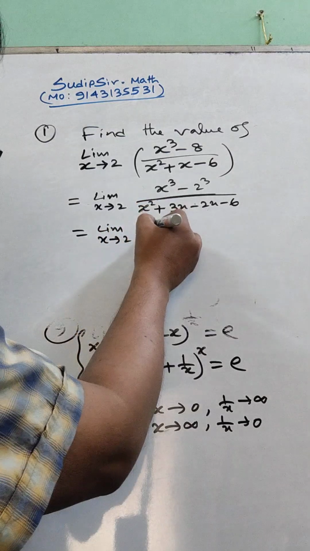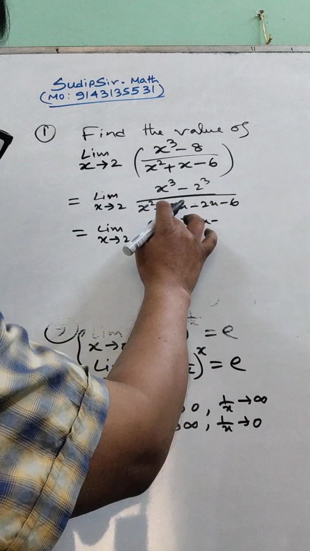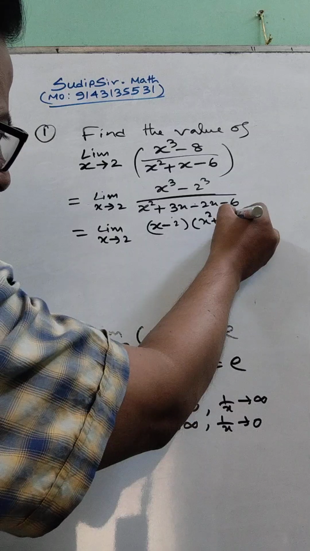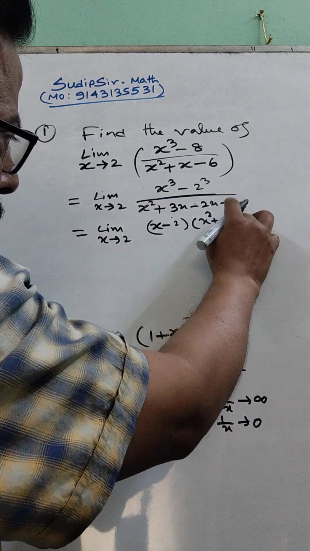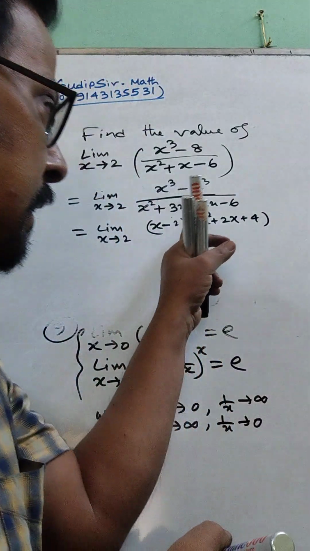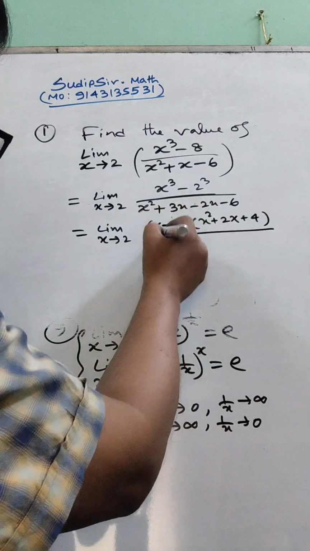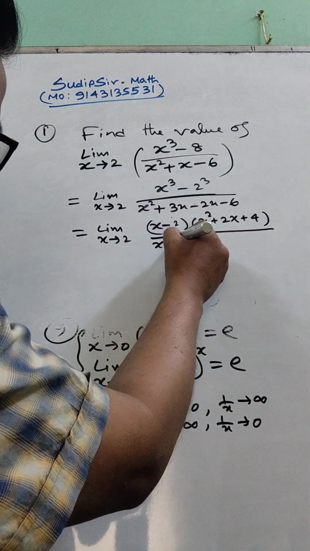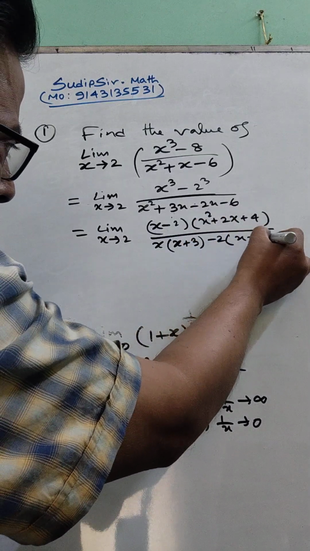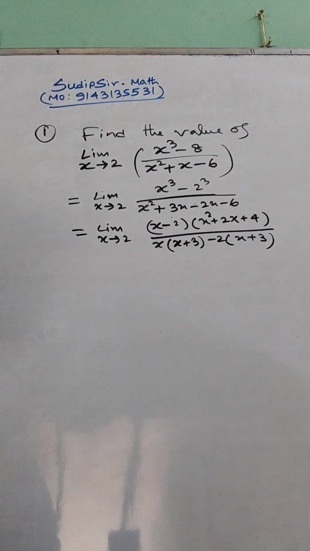Limit x tends to 2, that is x plus 2 into... a cube minus b cube, that is x minus 2 into x square plus 2x plus 4. Okay. This is a cube minus b cube, that is a minus b into a square plus ab plus b square, by x common x plus 3 minus 2 common x plus 3, x plus 3.